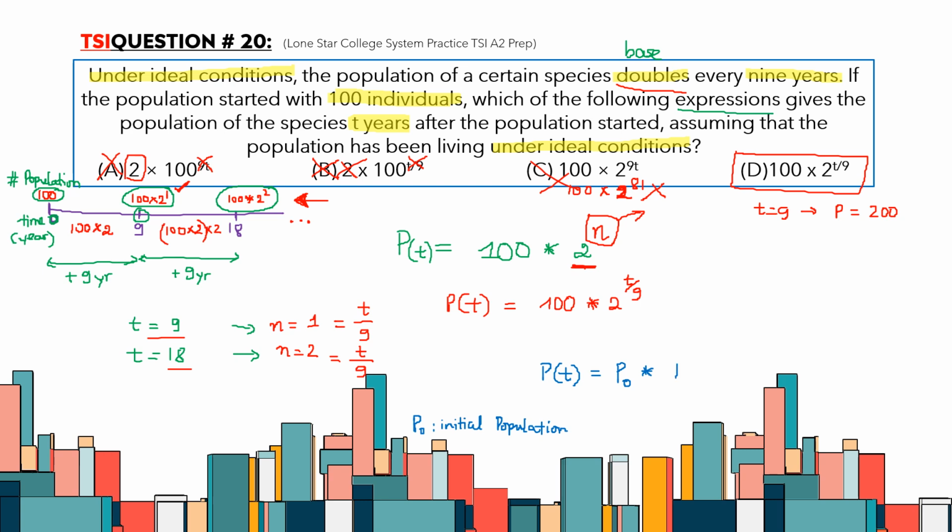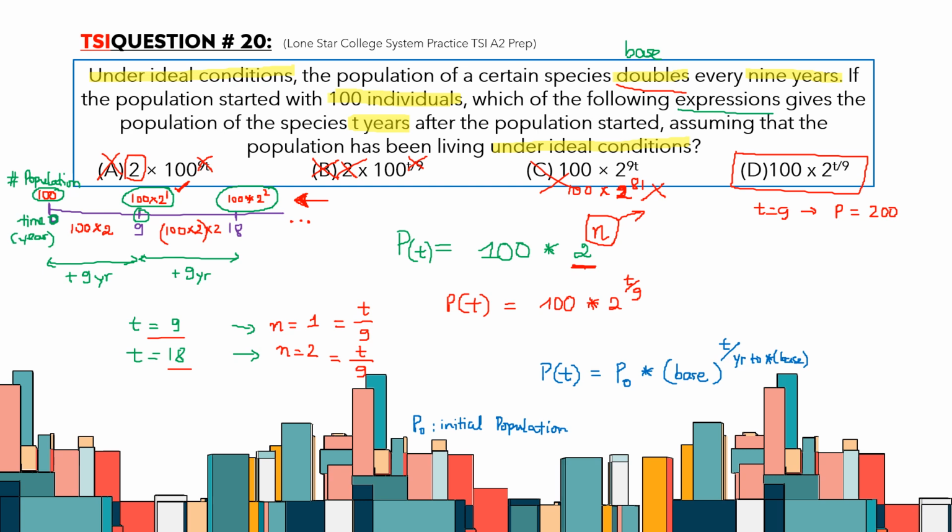The base is how much you increase the population, raised to the power of the time divided by the number of years it takes to multiply by the base, like when it doubles, or triples, or is multiplied by 4 times, 5 times.